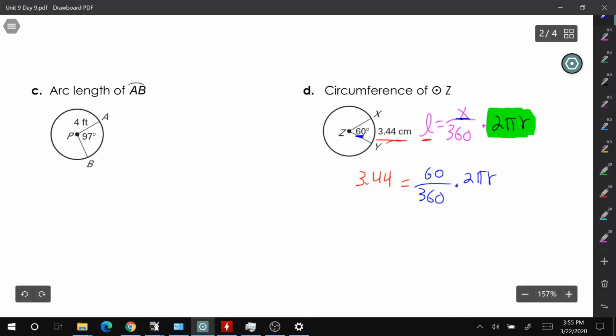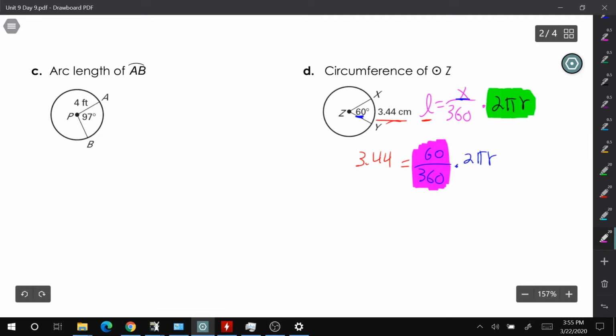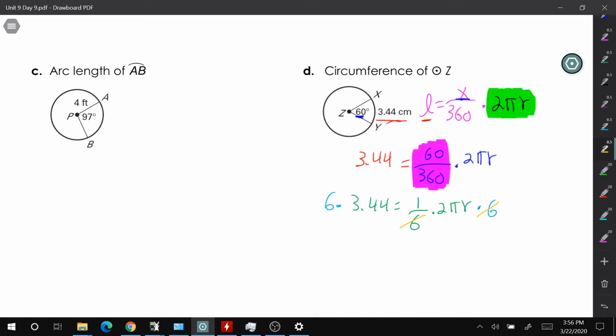Now, what I'm going to do is simplify this fraction here. 60 over 360 simplifies to 1/6. So we have 3.44 equals 1/6 times 2 pi r. Well, if we multiply both sides by 6, that gets rid of the 6 there, and then on the right side we're just left with 2 pi r.